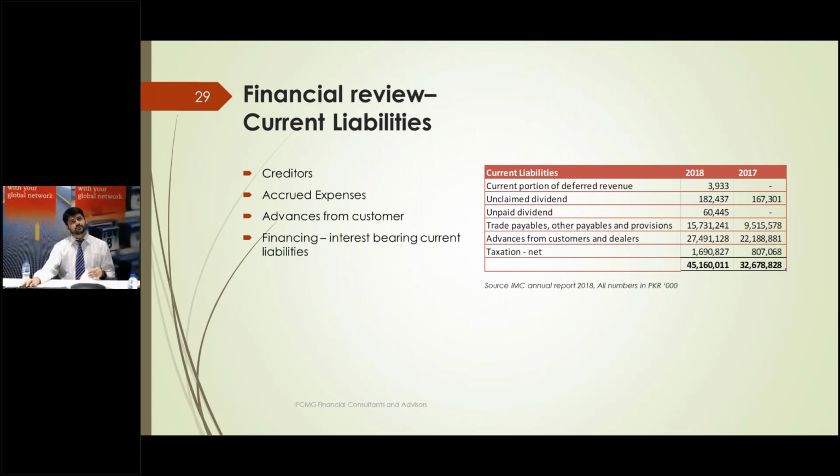Next up, we have current liabilities. The current liabilities include the current portion of deferred revenue, unclaimed dividend, unpaid dividend, trade payables, and advances from customers and dealers primarily. So we need to first bifurcate and identify how much of these are interest-bearing liabilities and how much are non-interest bearing.